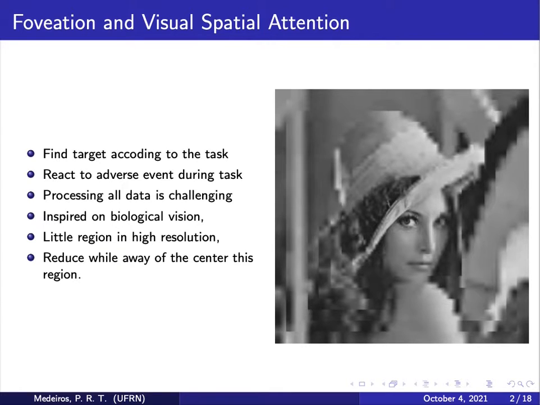In this work, we build the visual attention process using the foveation technique. Inspired by biological vision, this keeps some small region of the image at high resolution and reduces the resolution according to the approximation to the periphery.